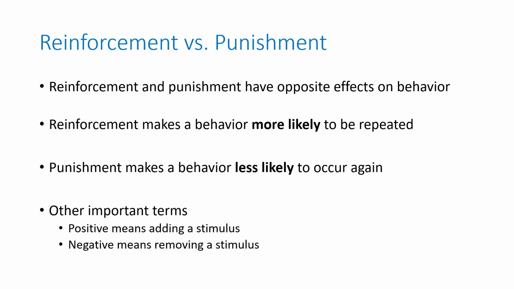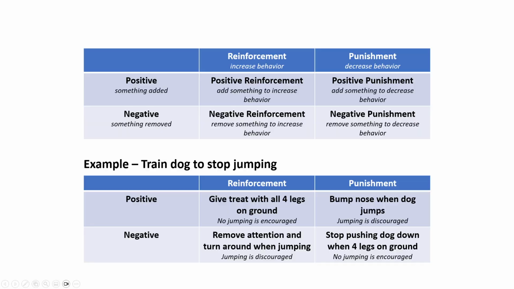Some other important terms that we're going to be talking about are positive versus negative. Positive means that we add something, and negative means we take something away. I'll explain why that's important. For both reinforcement and punishment, we can have a positive or a negative.